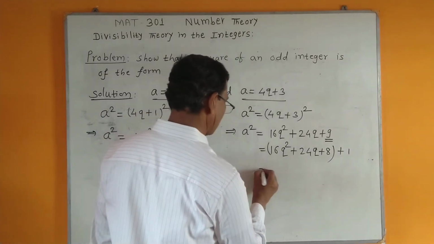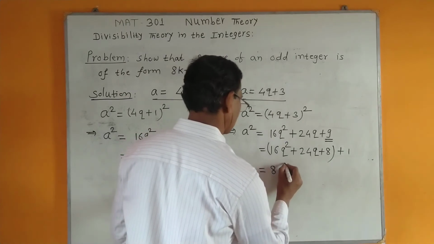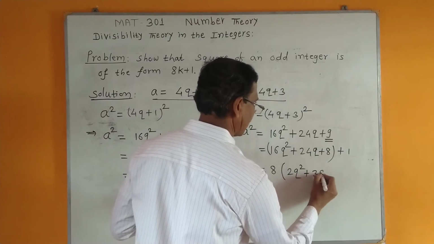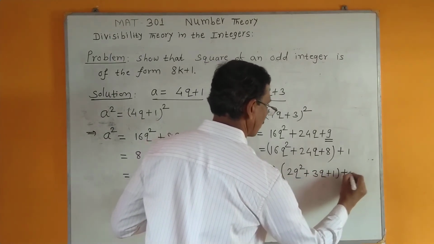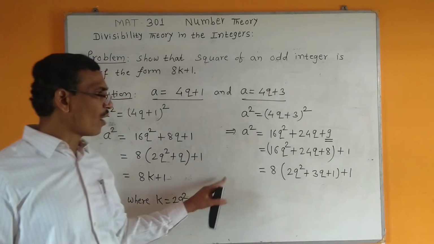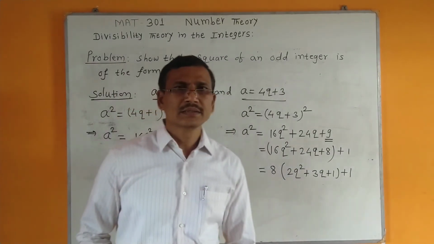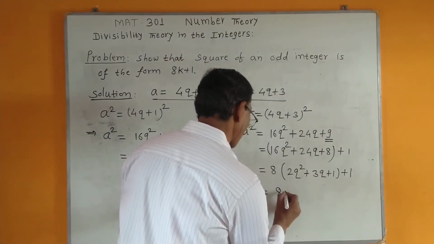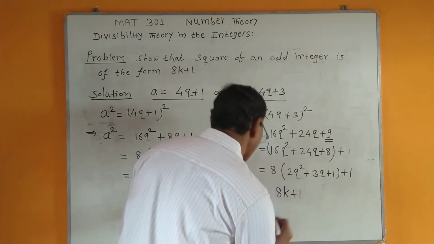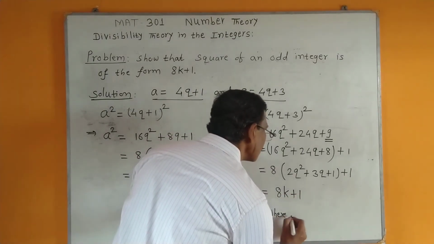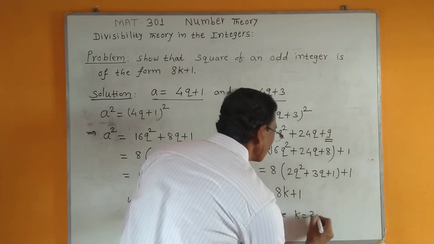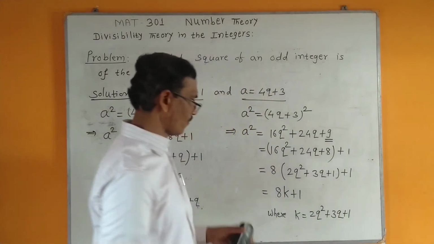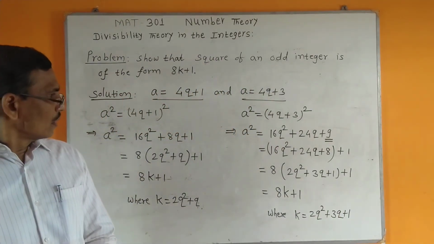Now take 8 common: 8 times 2q square plus 3q plus 1, plus 1. Again the quantity inside the bracket is a new integer, which is denoted by k. Means it is of the form 8k plus 1, where k is equal to 2q square plus 3q plus 1.